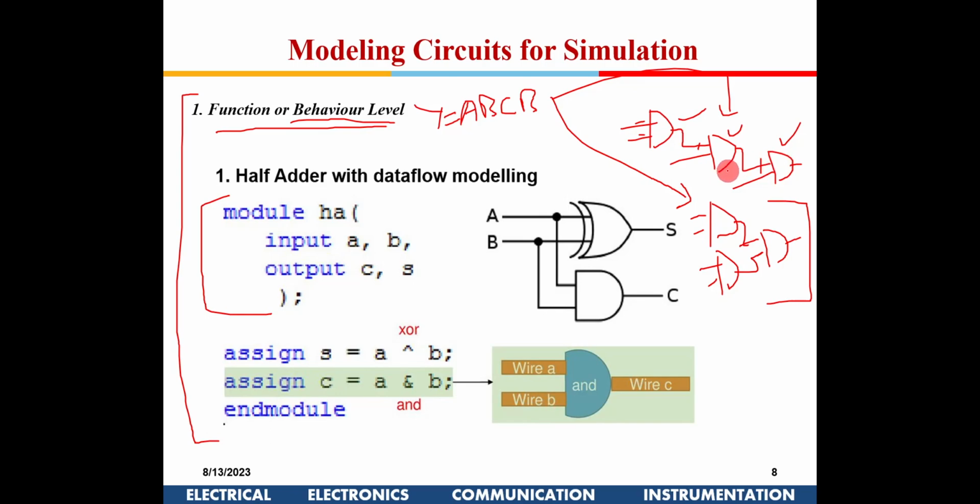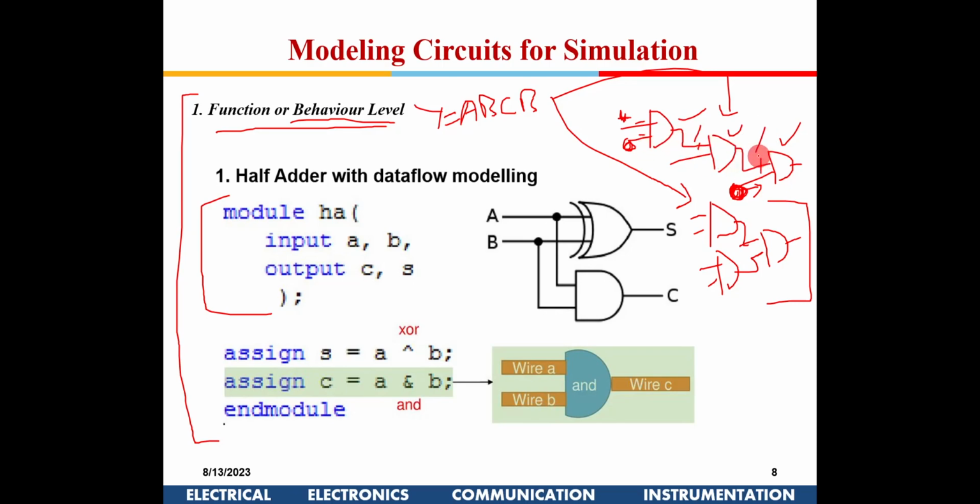Suppose this input has very little activity and remains 0 most of the time, and this one is 1, so there won't be many activities here. So this has lesser switching activity, and will have slightly lower power than this particular topology. This is just an example.